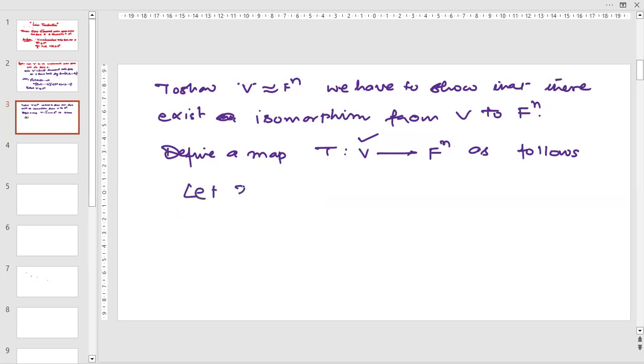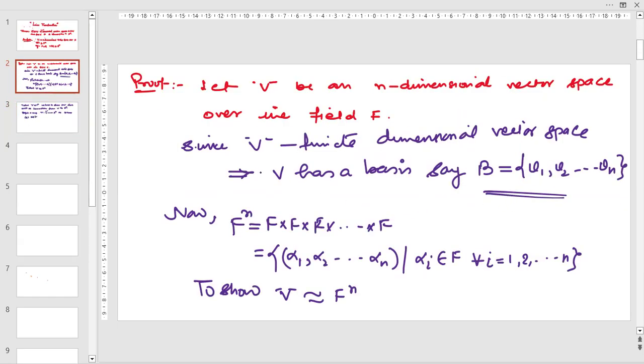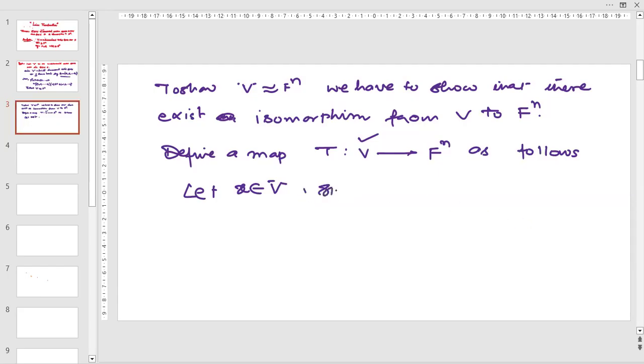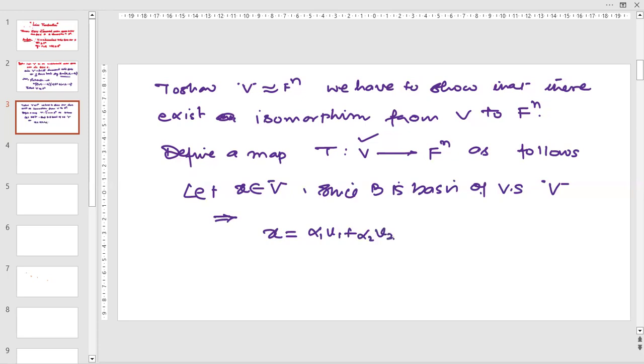So let x be in V. Now B is the basis of V. Since B is a basis of the vector space V, this means that x can be written as alpha 1 V1 plus alpha 2 V2 so on to alpha n Vn, where alpha i belongs to F, i equal to 1 to n.